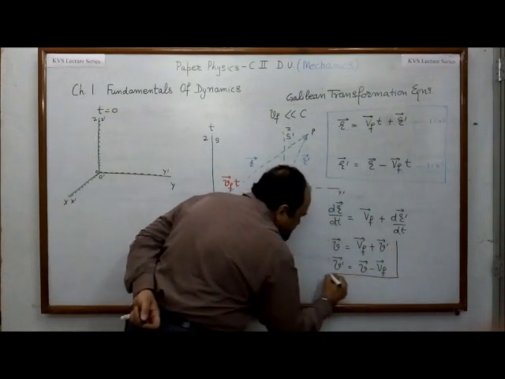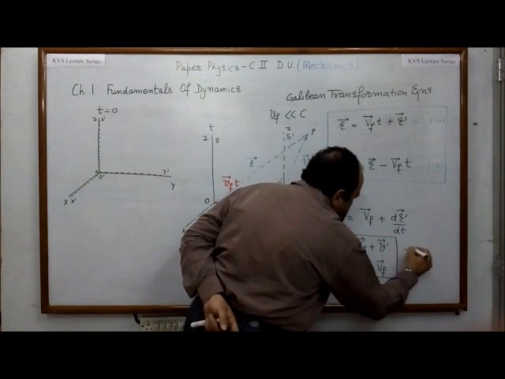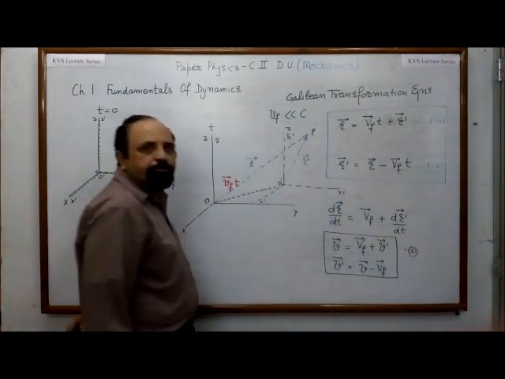These are the transformation equations for velocity, that is equation 2A and 2B.